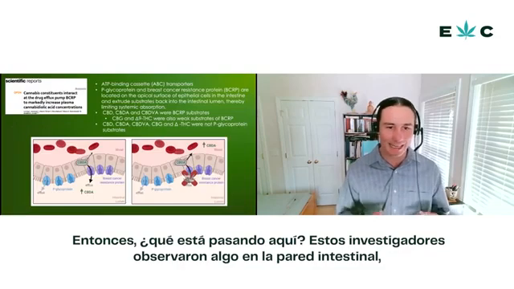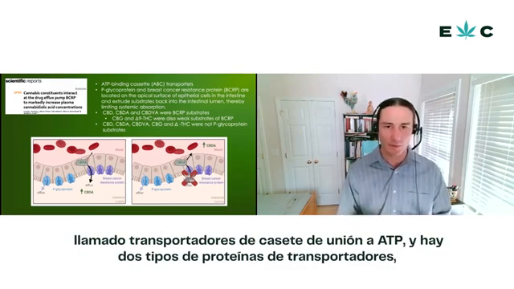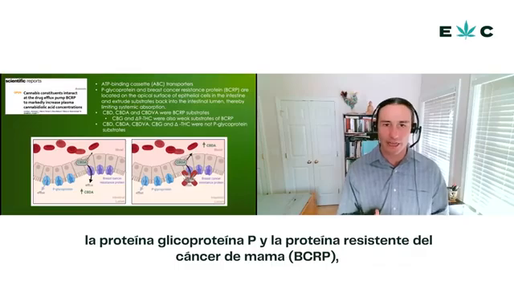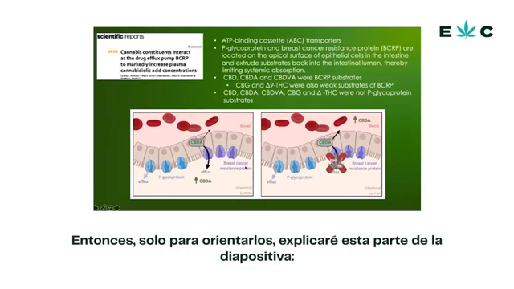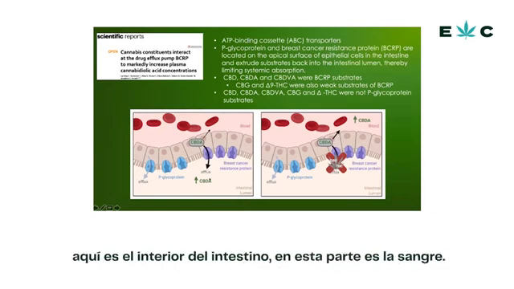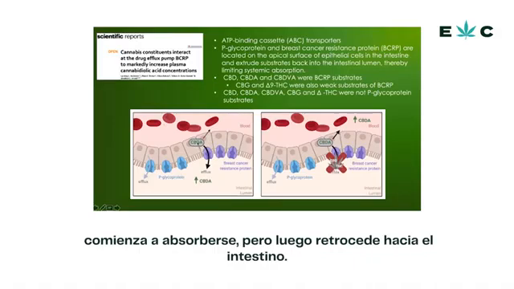Well, these researchers looked at something in the intestinal wall called the ATP binding cassette transporters. And there's 2 types of transporters, the P glycoprotein and the breast cancer resistance protein, BCRP. And what they found was that this BCRP transporter, and just to orient you, this part of the slide here is the inside of the intestine, and this part is the blood. Basically, when CBDA is interacting with these intestinal cells, it starts getting absorbed, but then it's kicked back out into the intestine.